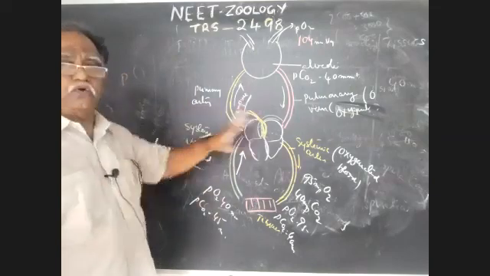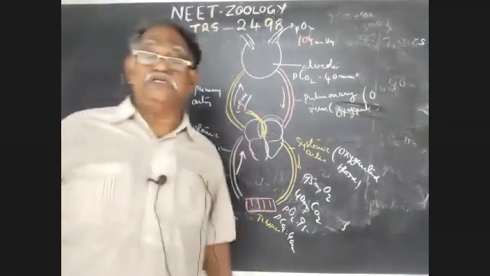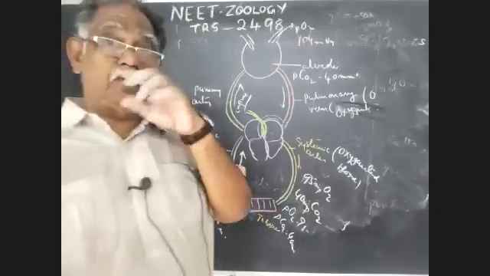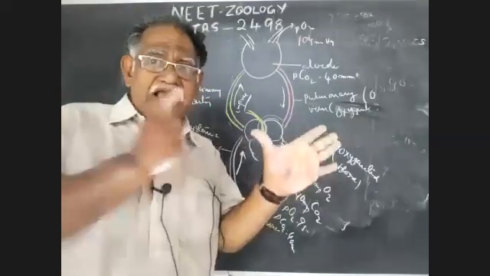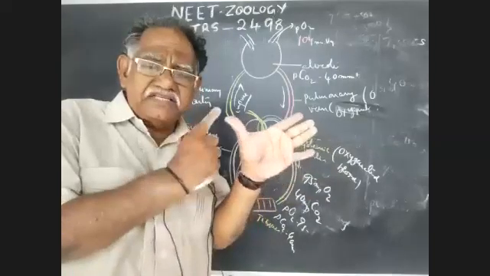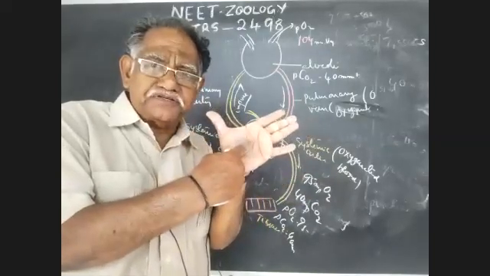So you have to draw this diagram also, which is very important. At the tissues, there are two ends. At one end, oxygenated blood supplies oxygen to the tissues.